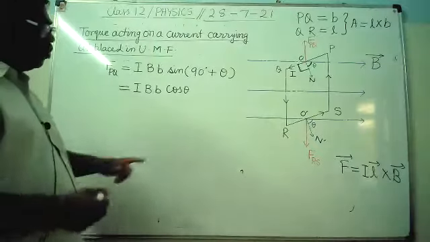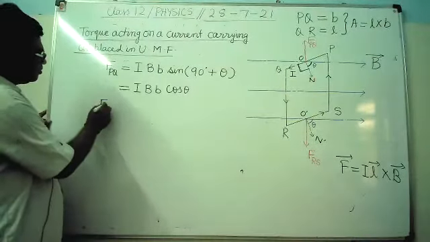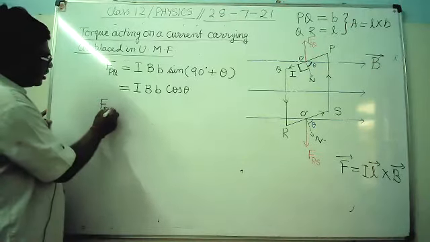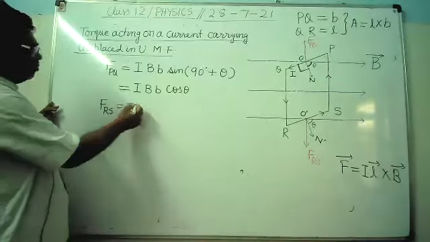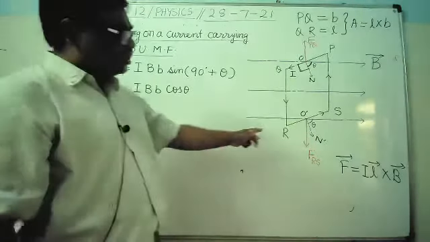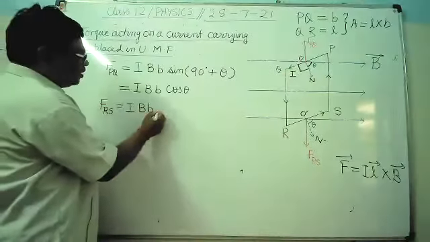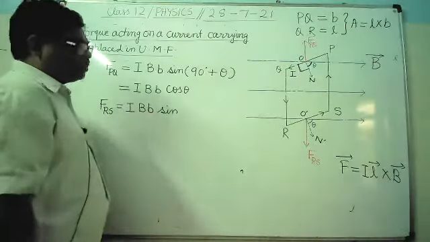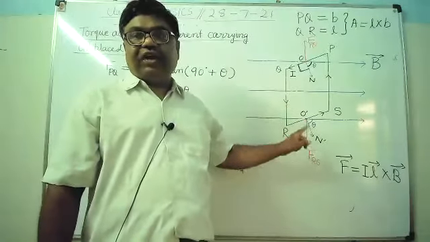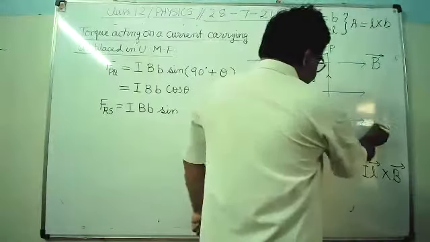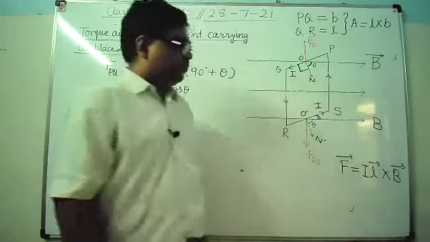Similarly, what is the force acting on the segment RS? The direction is shown in the diagram. Here it is carrying current I placed in the magnetic field B. What is the length of RS? It is the same as PQ, so the force is I l B into sine of the angle between the magnetic field and current. The magnetic field is this, the current is this, and the angle between them is this.